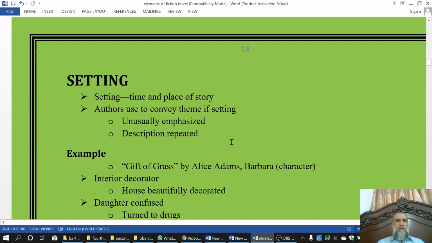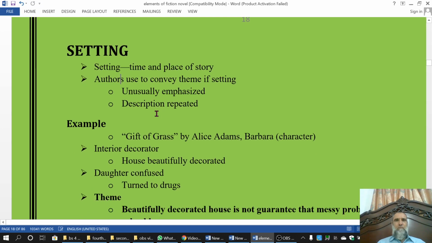Next, we can find out about the theme with the help of the setting. What is setting? We will separately discuss this topic, setting, later on, but for the time being you should understand this much, that setting is the time and place of the story. Story happens in some place, that place is referred to as setting. It also happens in some time, that time is also called or referred to as setting.